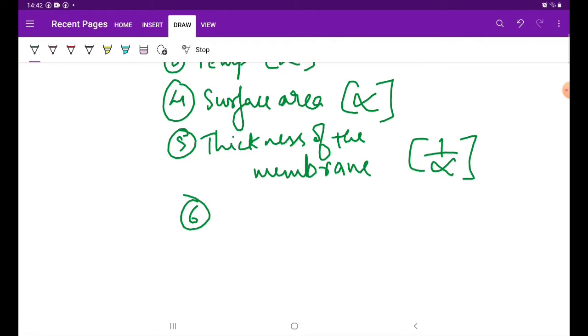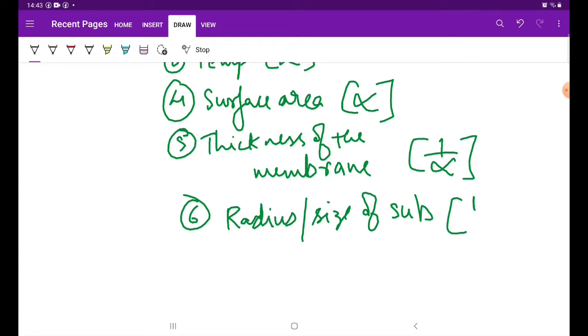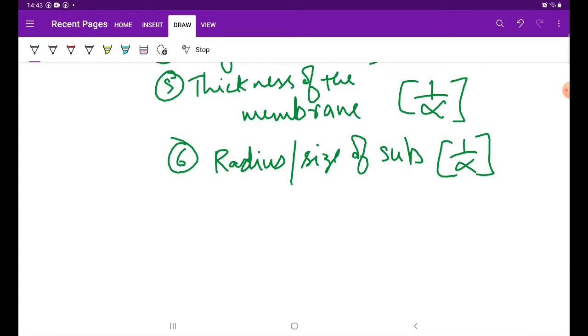Then the sixth, size or radius of the substance. Just think about the radius or size of the substance. So it's also inversely proportional. As size increases, it will be difficult for it to go through simple diffusion.